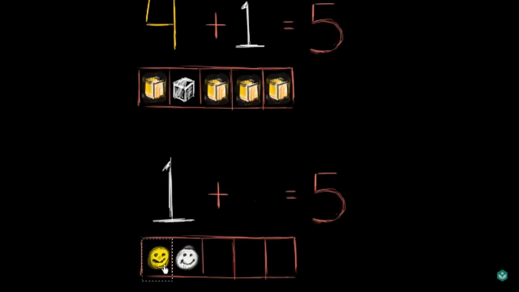We can add 1, we can add 2, we can add 3, and 4 yellow smiley faces. So we could say 1 white smiley face, plus 1, 2, 3, 4 yellow smiley faces is equal to 5. And you see a pattern here.